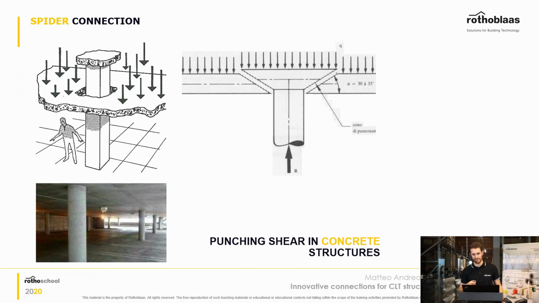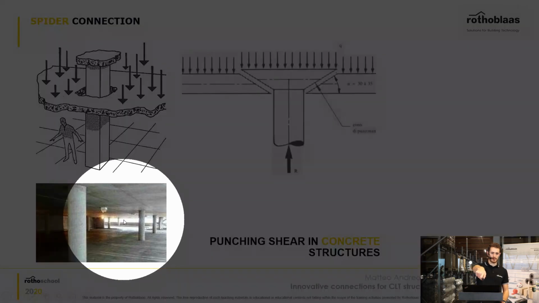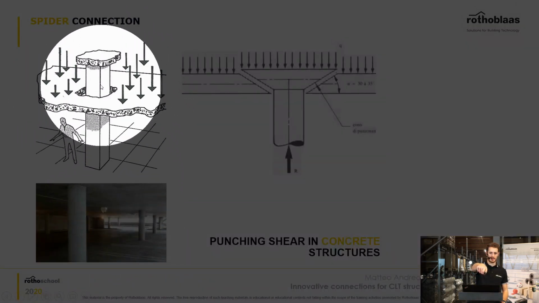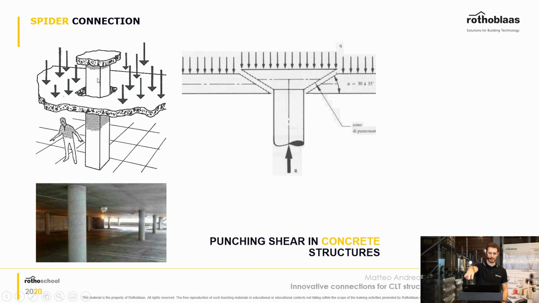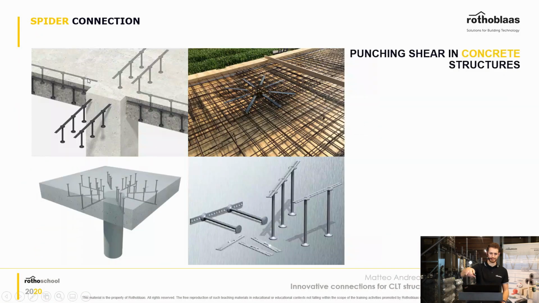The issue that you have on these structures is punching through, as you can see in this little sketch here. So basically what engineers came up with is reinforcement for concrete, developed in every single direction so that it could take the punching shear in the concrete structure.